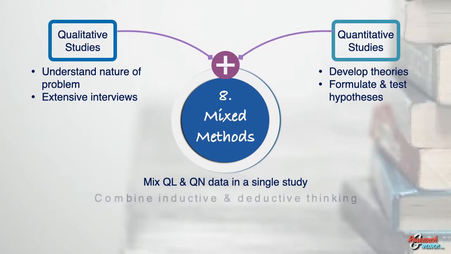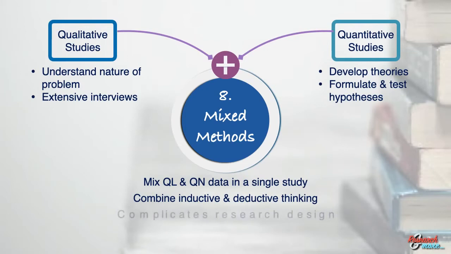This approach is encouraged as it allows researchers to combine inductive and deductive thinking, to use more than one research method to address the research problem, and to solve this problem using different types of data. However, a mixed method approach complicates the research design and therefore requires clear presentation to allow the reader to sort out its different components.